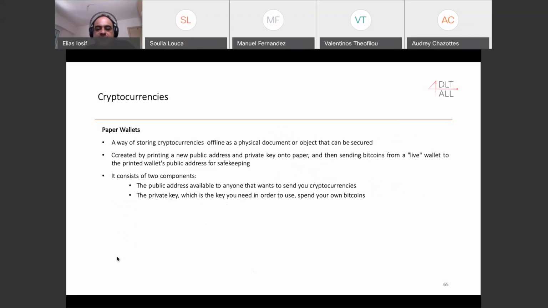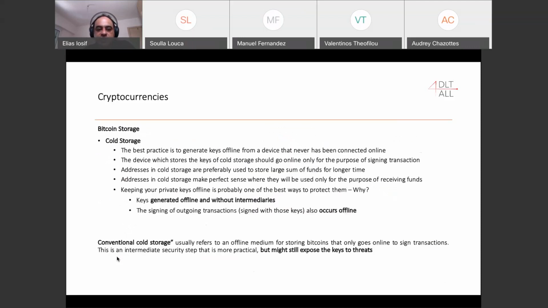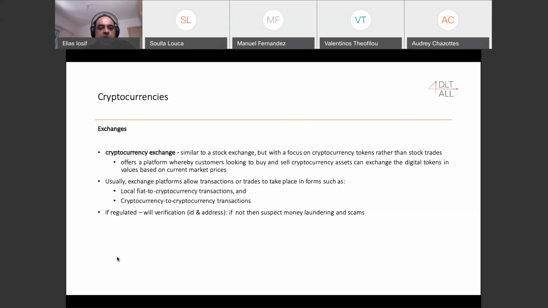And paper wallets are another way to store your required credentials. Cryptocurrency exchanges are online third-party services which provide a wide array of services, including managing your wallets online, along with a cryptocurrency exchange.